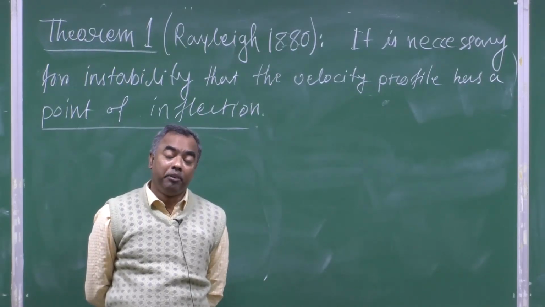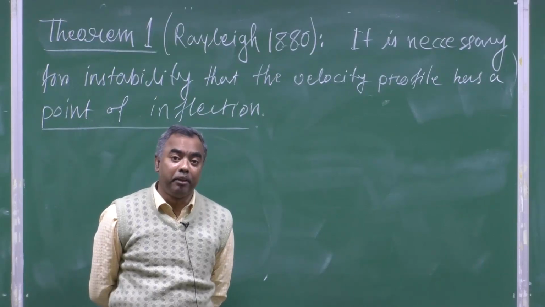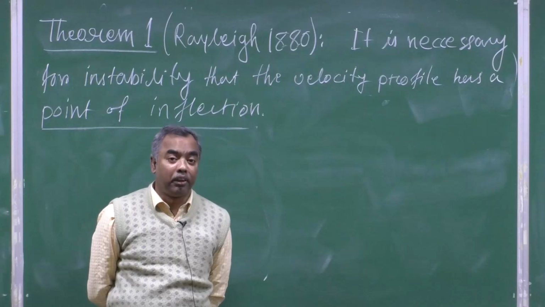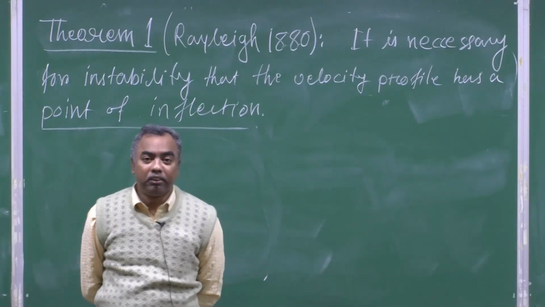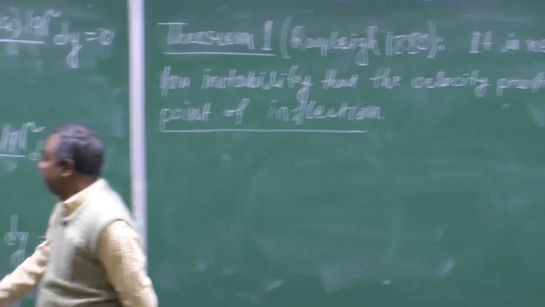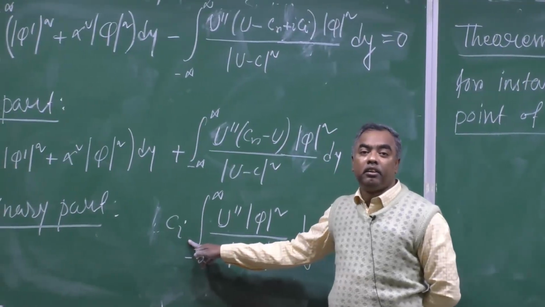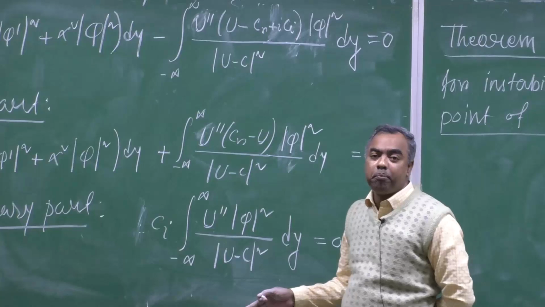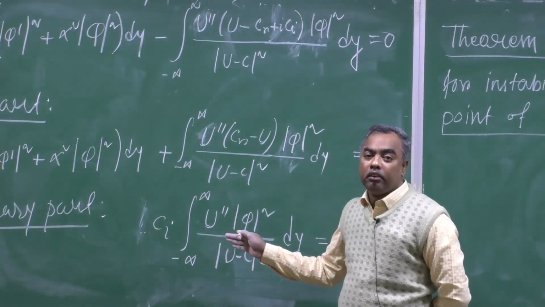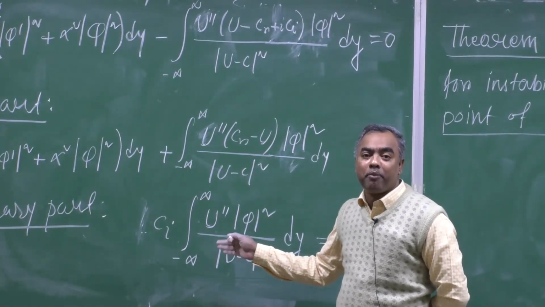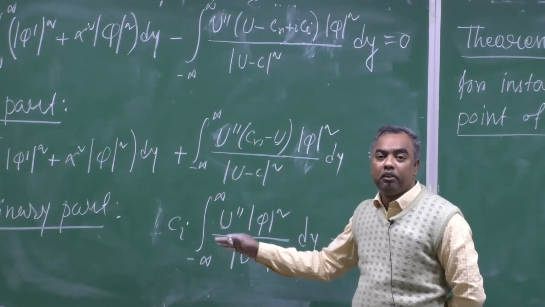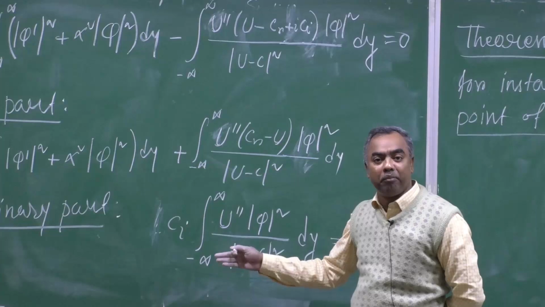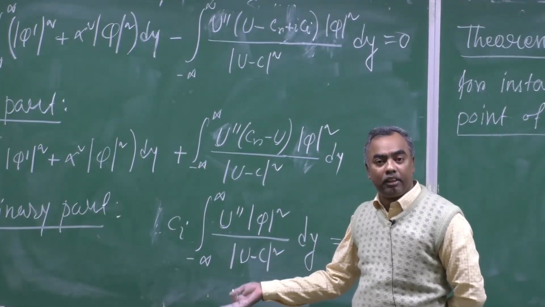If the velocity profile has a point of inflection, it does not guarantee that the flow is unstable, because u double prime will be 0 somewhere in the flow domain for c I not equal to 0. c I can be less than 0, in which case it is a stable flow.